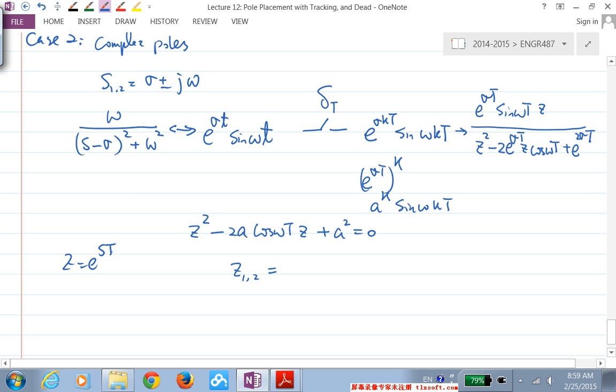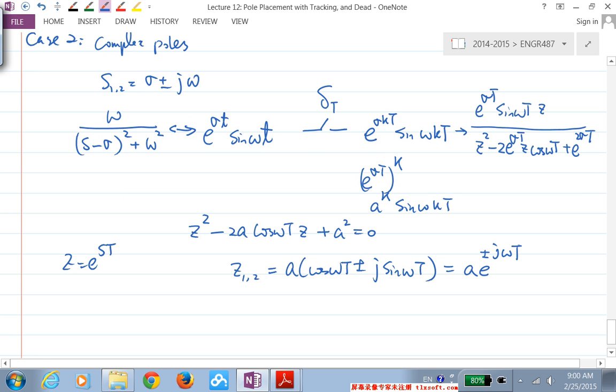What you're going to find is essentially this: a times cosine omega T plus or minus j sine omega T, and a is e to the power of positive or negative omega T.